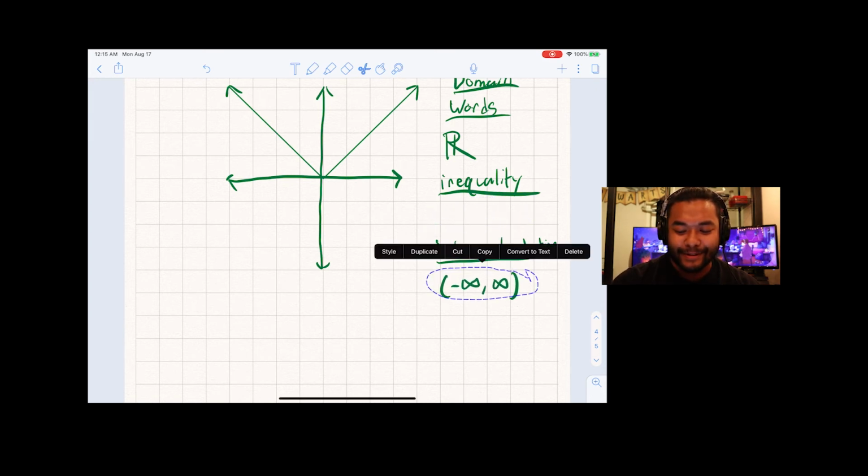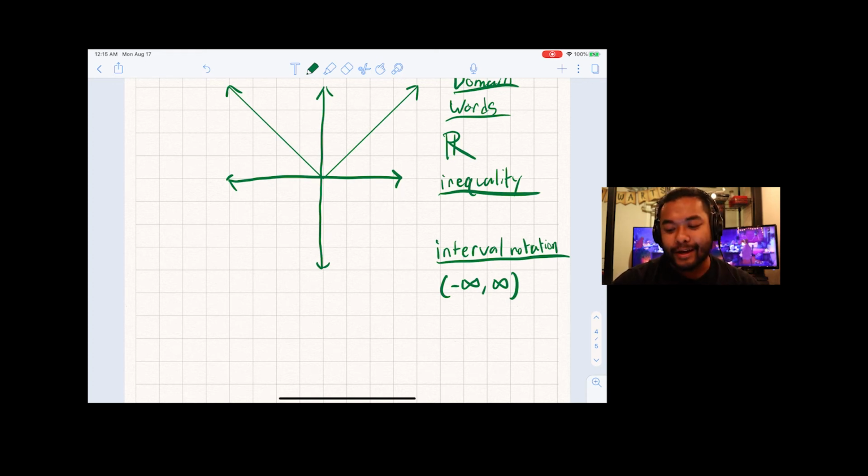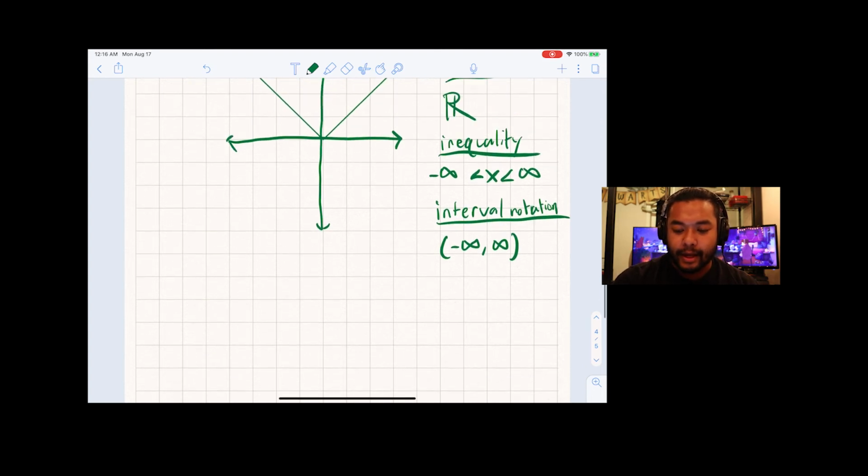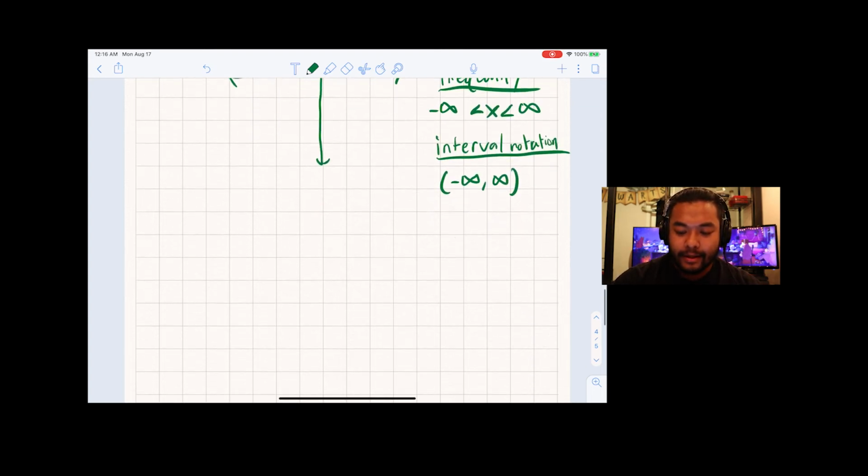This one is interval notation. See, even Mr. A makes mistakes. That's a good lesson there. Then if that's interval notation, then inequality notation, it better have some inequality symbols in there. So we have, if we're talking about domain, we're talking about x, then greater than, not equal to, just greater than, negative infinity, less than positive infinity. Okay, now we're good.